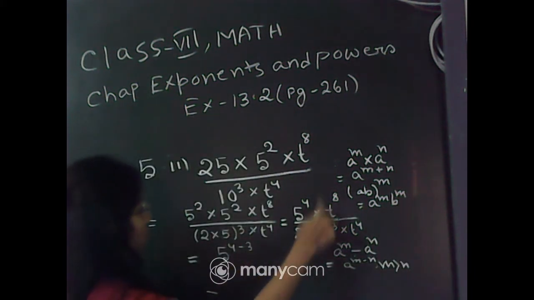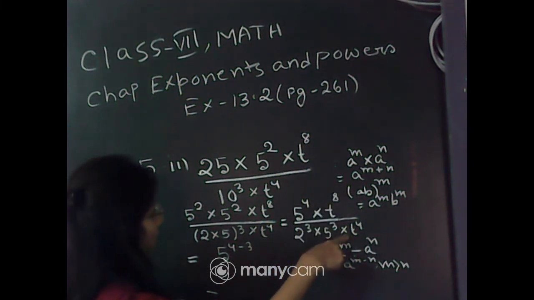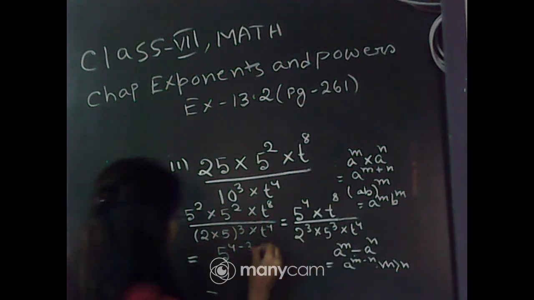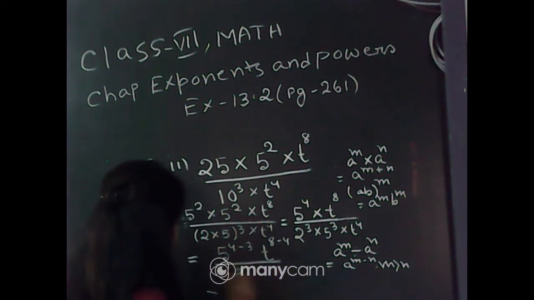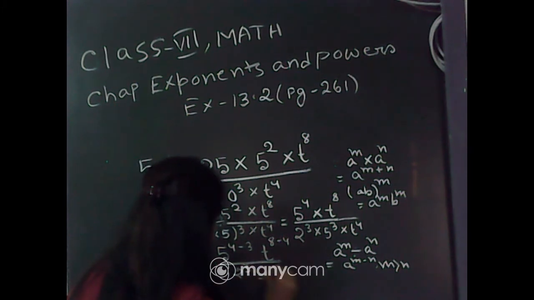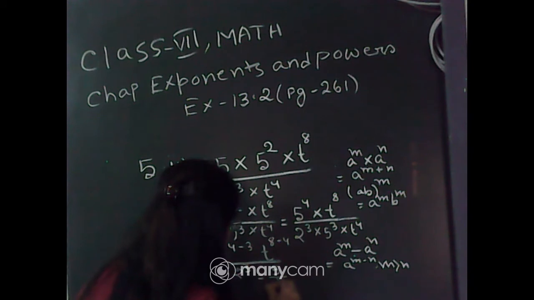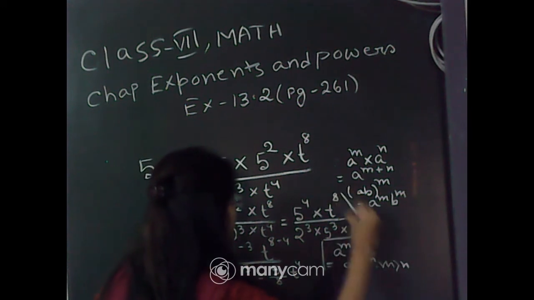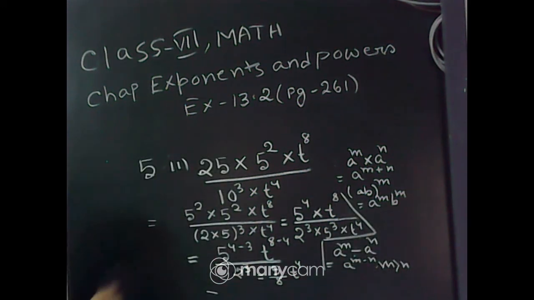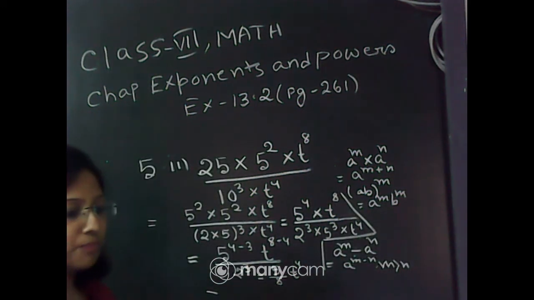Also t to the power 8 divided by t to the power 4 is equal to t to the power 8 minus 4, divided by 2 cube, and the final answer is 5 by 8 into t to the power 4. Clear? Up to this portion, any problem? If you have any doubt, then you can ask me.